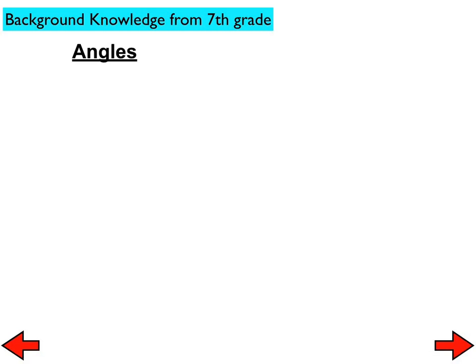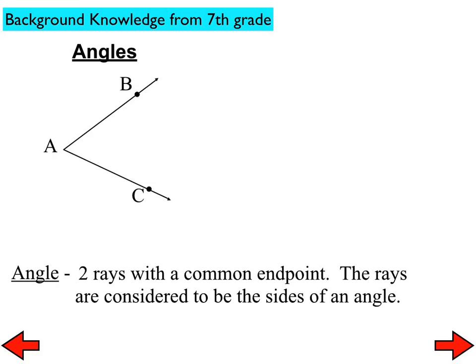Last year, you talked about angles and how to name angles. An angle is basically defined to be two rays with a common endpoint. In this picture, we have one ray that's AB and another ray that's AC. The corner of an angle is the vertex.